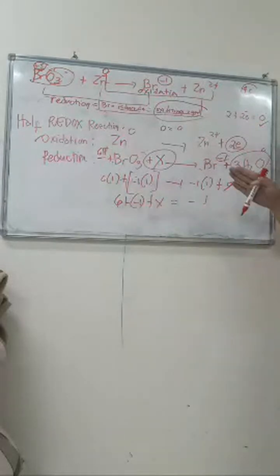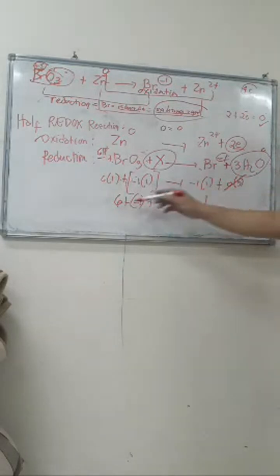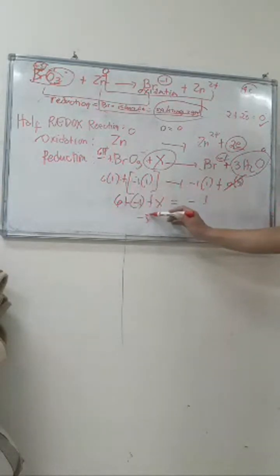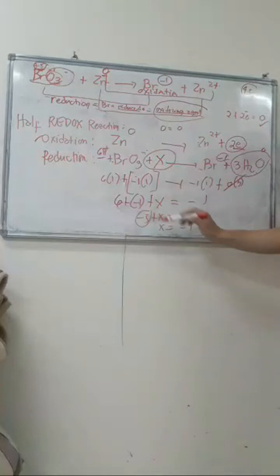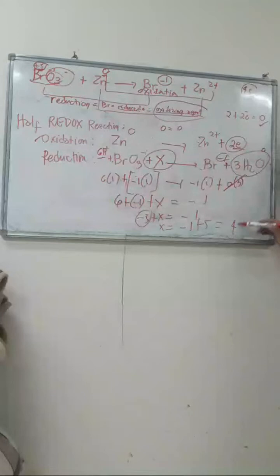This is simple linear algebra. 6 minus 1 is 5, plus x is equal to negative 1.